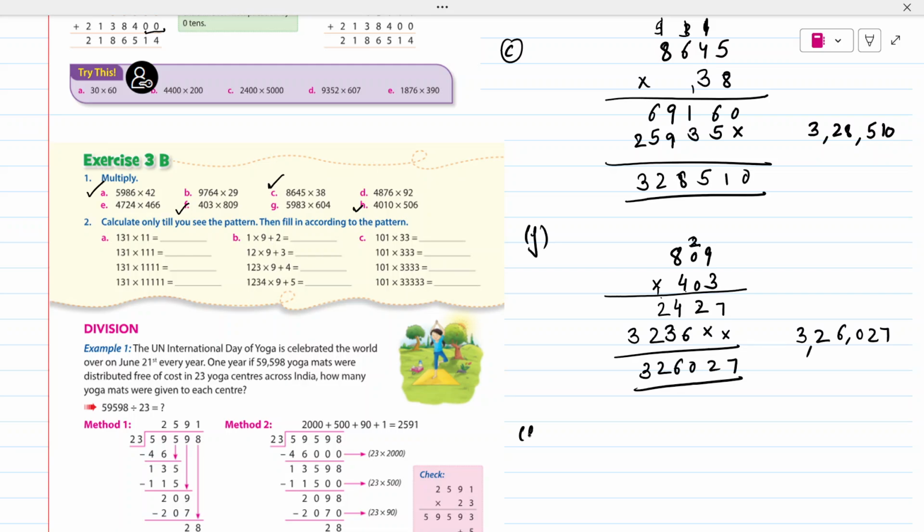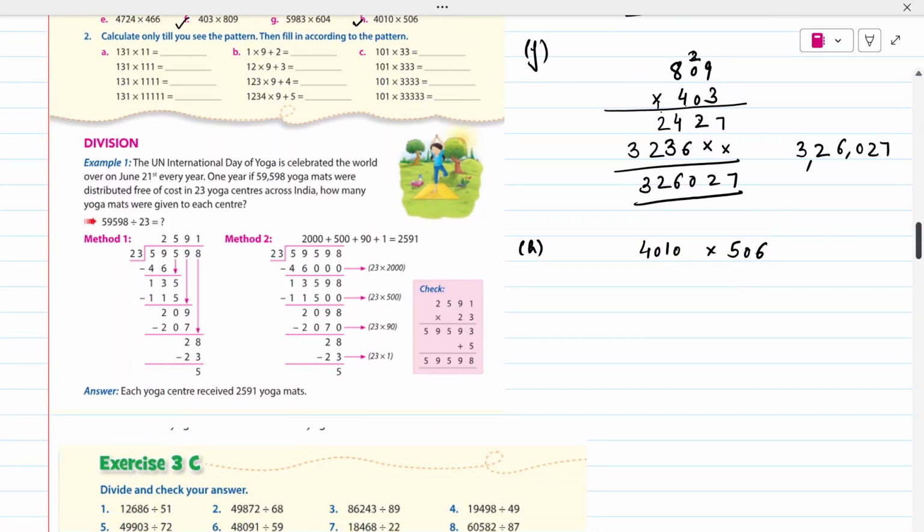Now coming to the last part, H, we have 4010 multiplied by 506. So kids, what we can do here is I am just keeping this 0 on side. Okay, I'm writing this as 401, which I will multiply and the 0 at the last. And now I am multiplying 506 with 401.